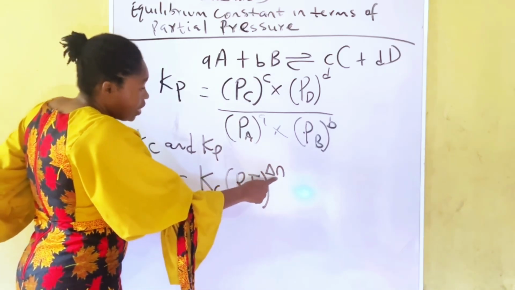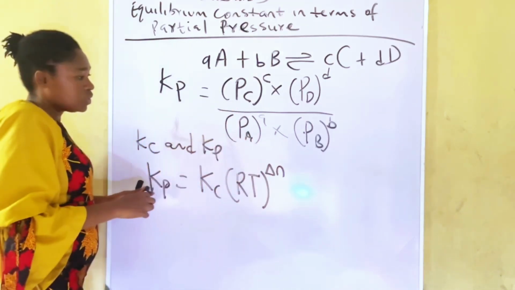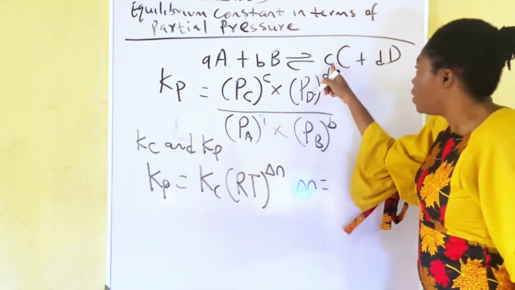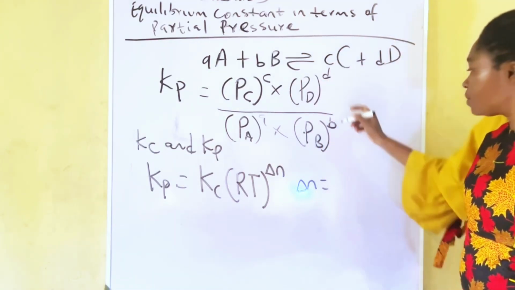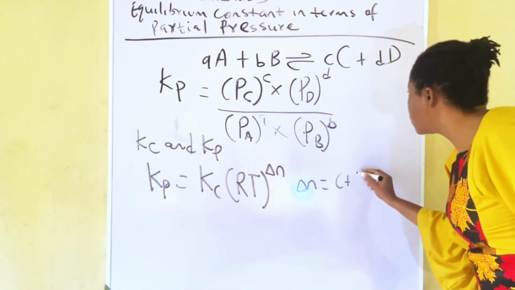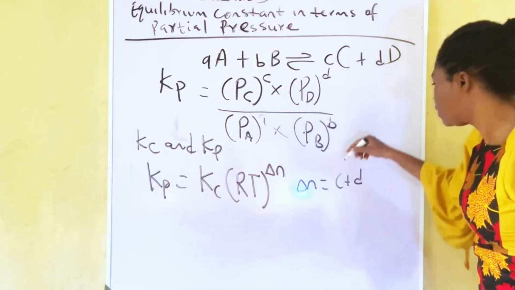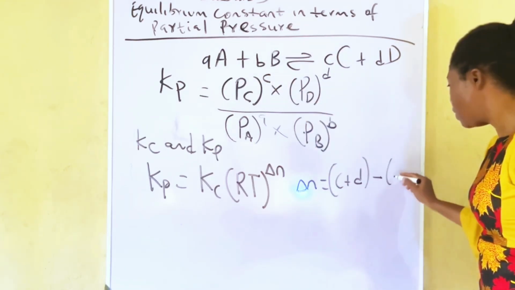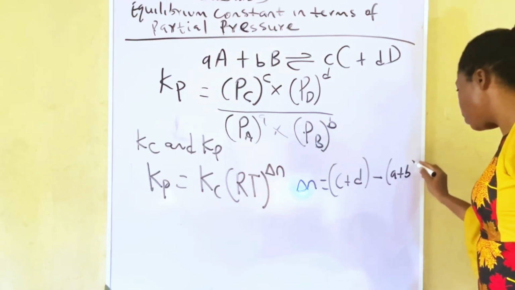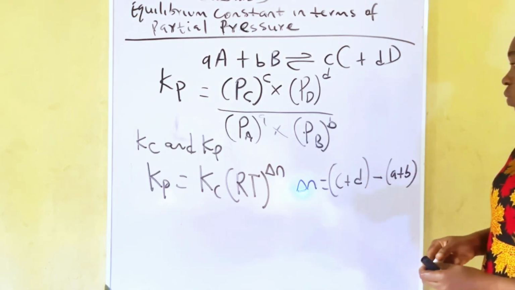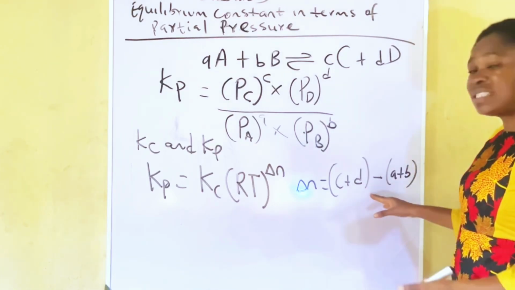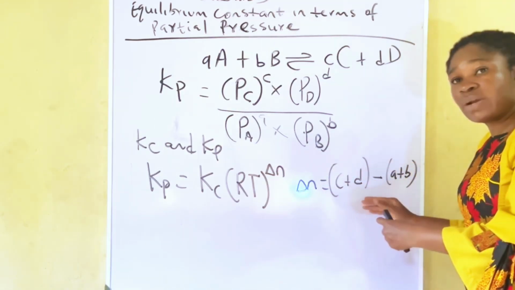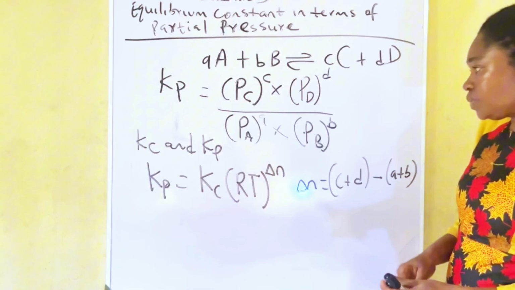The change in the number of moles is the stoichiometric coefficients of C plus D minus those of the reactants A plus B. If you get 2, you raise to the power 2. If you get minus 2, you put minus 2.